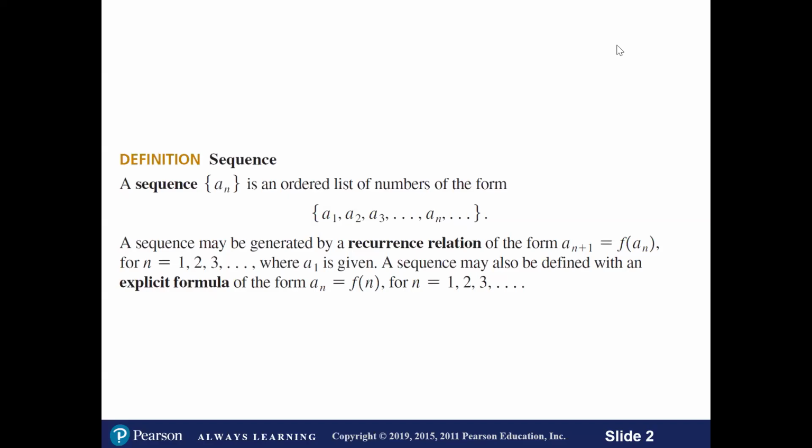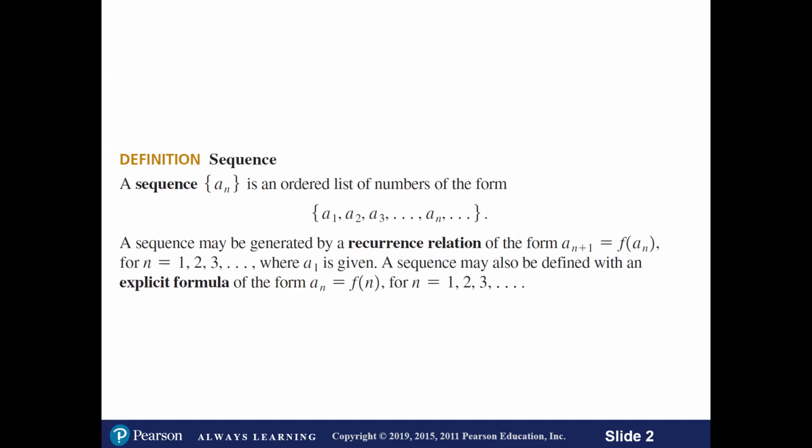So more formally, a sequence is an ordered list of numbers of the form a1, a2, a3. It can be generated by a recurrence relation that tells you how to generate the n plus first term by some expression, some function of the nth term. And we're usually given the first term.